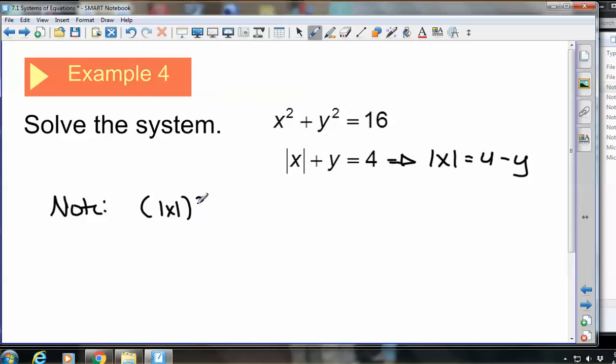If you take an absolute value and square it, is that the same thing as if you just took a regular x and squared it? Absolute value just means it's a positive number, and you square it, so you get a positive, right? If it's a negative and you square it, you get a positive. So aren't those the same thing? So because this is squared, I'm just going to be able to substitute my 4 minus y in for my x up there.